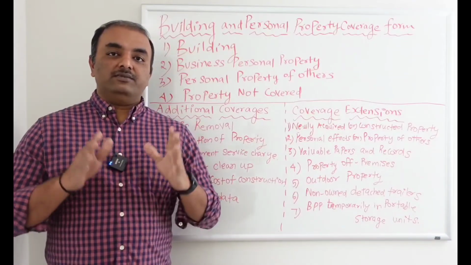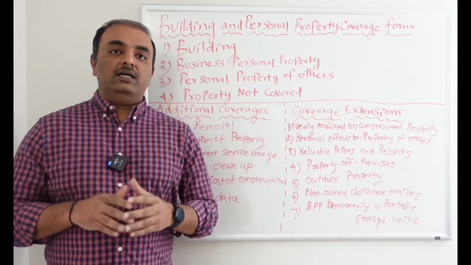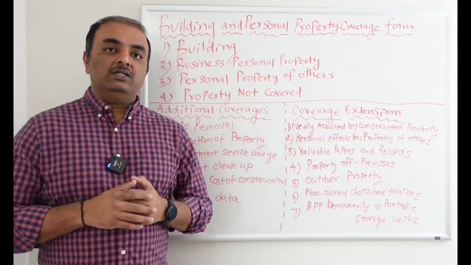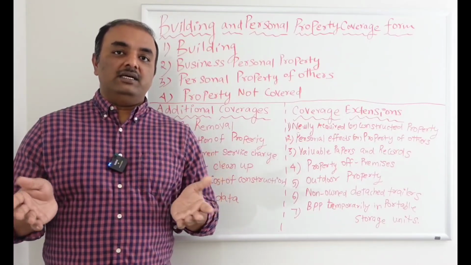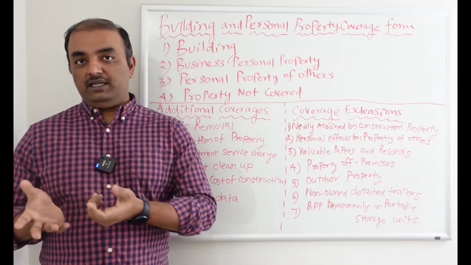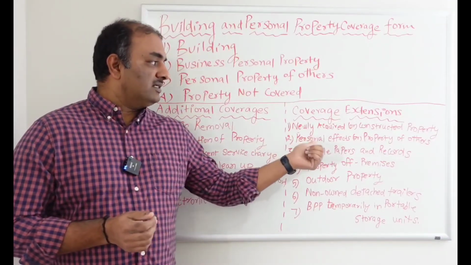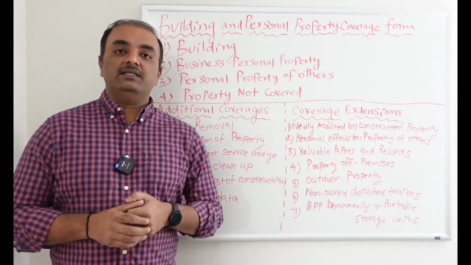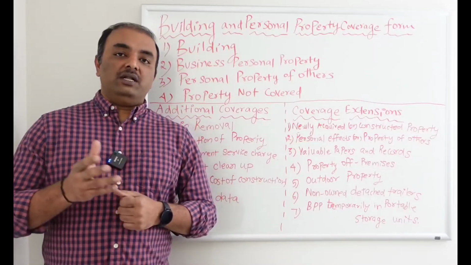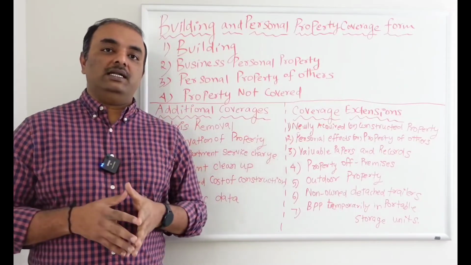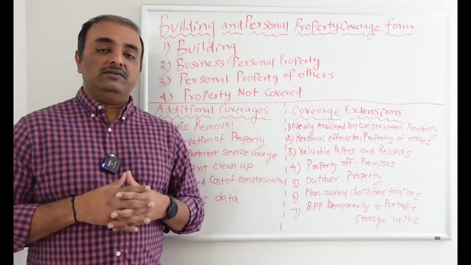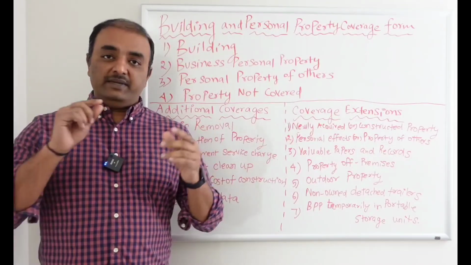So there will be a set of special limits that will be applicable to the policy. Once that special limit is exhausted, we will not be able to use any more coverage. Second thing is personal effects and properties of others. The same thing is applicable here. Say if you have jewelry or a coat in your building, and if something happens, there will be a special limit mentioned in the policy.